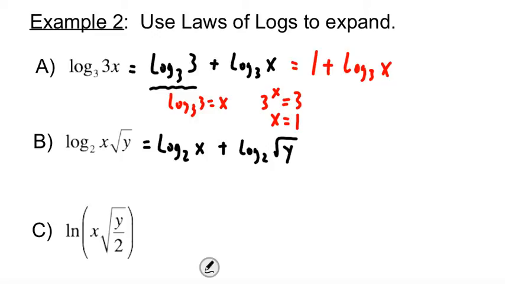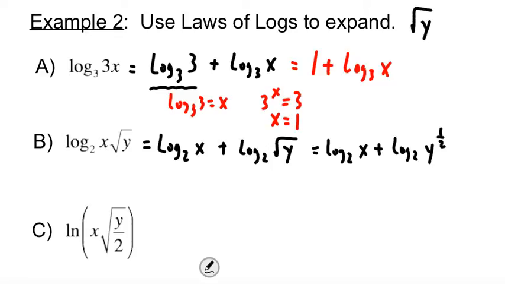All right, so now remember you've got that power rule there. Well, the square root of y is the same thing as y to the 1/2. So notice I put that y to the 1/2 in there.